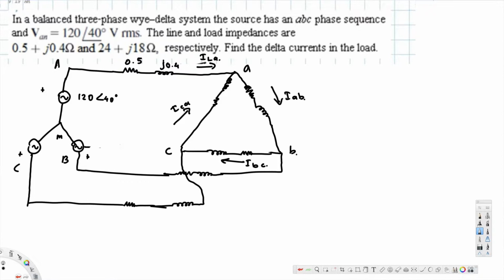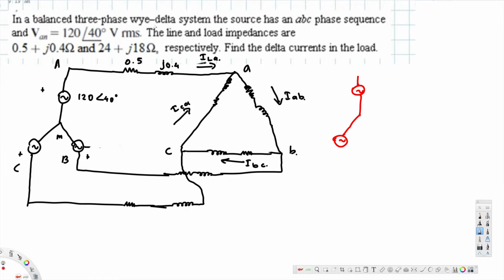Now the first thing is we are going to convert this one into a Y circuit. Let's go ahead and convert. This side is already in Y, so we don't have to worry about that. How do I know this is Y-delta?